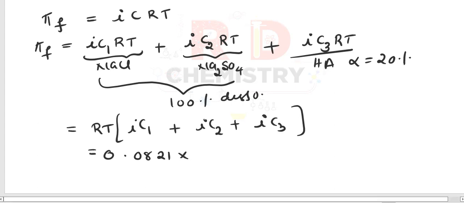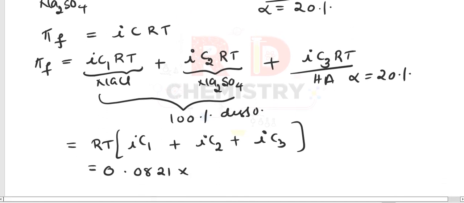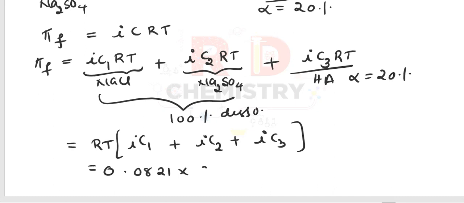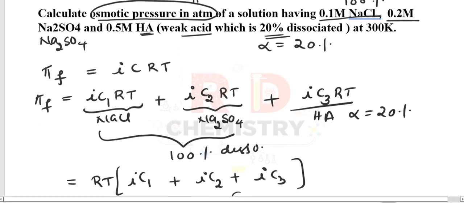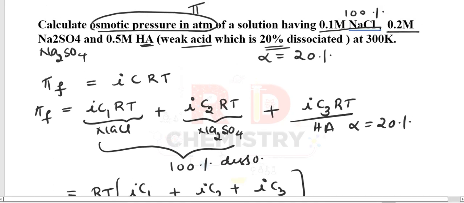And they mention the temperature in the question itself, 300 Kelvin, correct? So it is 300 into, the i value for sodium chloride is 2, we know that, into its concentration of 0.1, sodium sulfate 0.2 and HA 0.5.